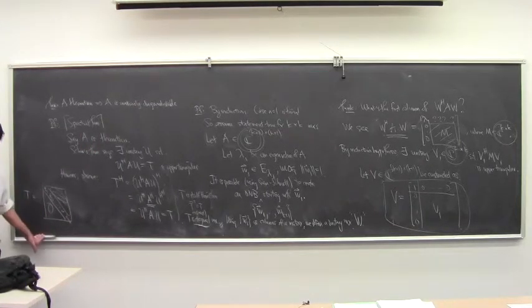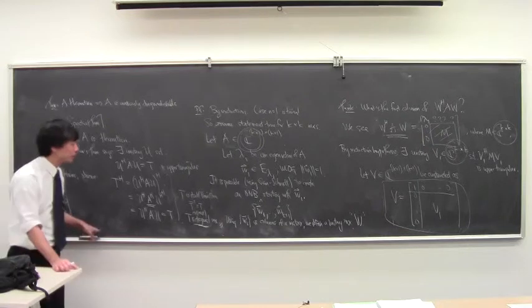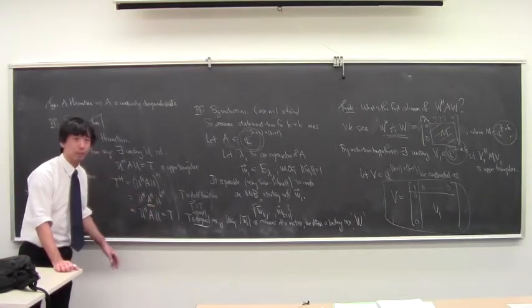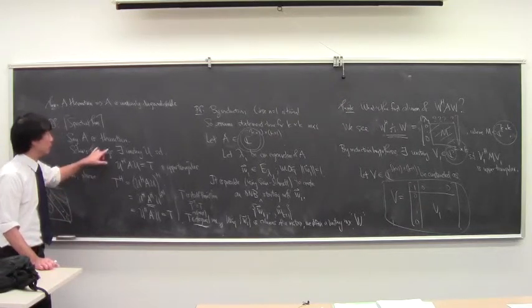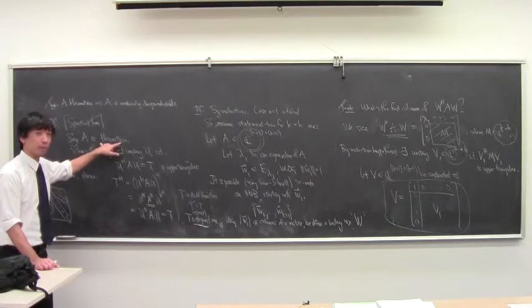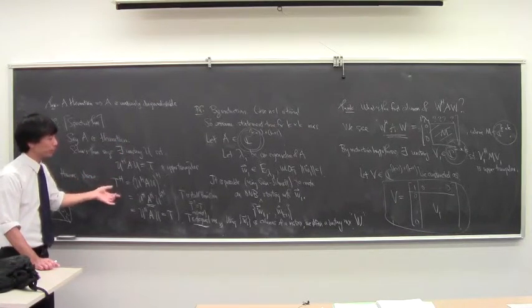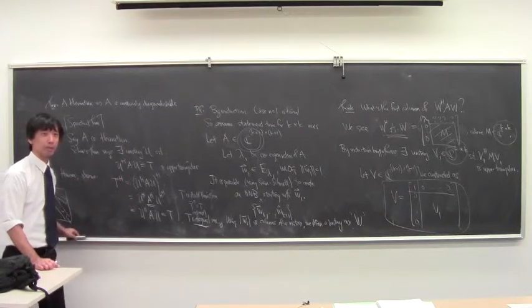We've shown it. And we've also shown that T is going to be a real matrix, but you could have guessed that because we already knew that the eigenvalues of a Hermitian matrix are all real. So when you diagonalize it, of course, you're going to get real eigenvalues down the diagonal.